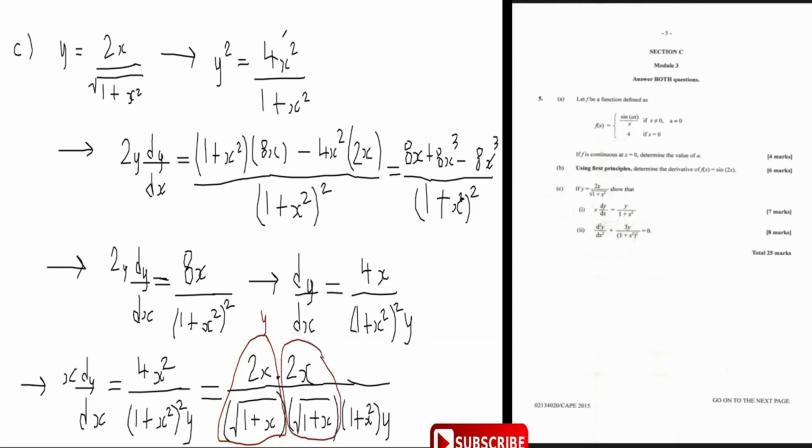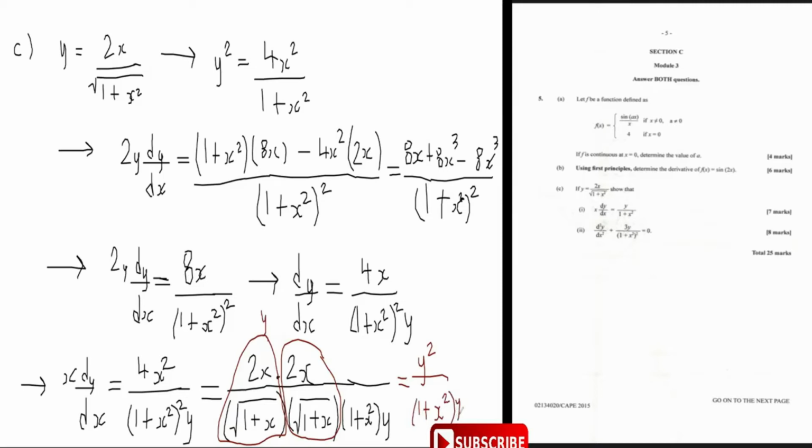Nice. And so what we're getting is that this answer is working out to be y times y, which is y squared. So I'm getting y squared over 1 plus x squared times y. So that is x dy by dx.